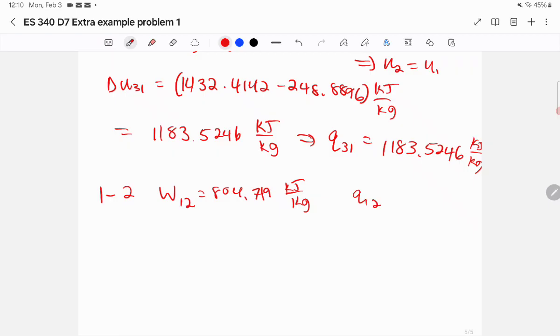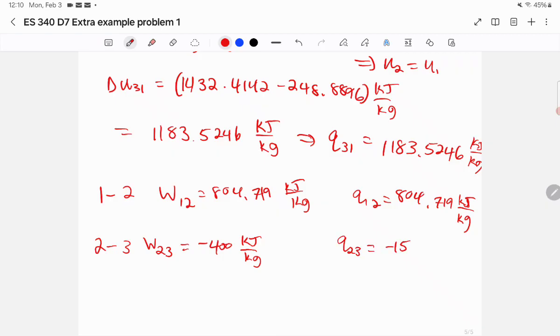Q from 1 to 2 was equal to 804.719 kilojoules per kilogram. For 2 to 3, W23 was equal to minus 400 kilojoules per kilogram. Q from 2 to 3 was minus 1583.5246 kilojoules per kilogram.